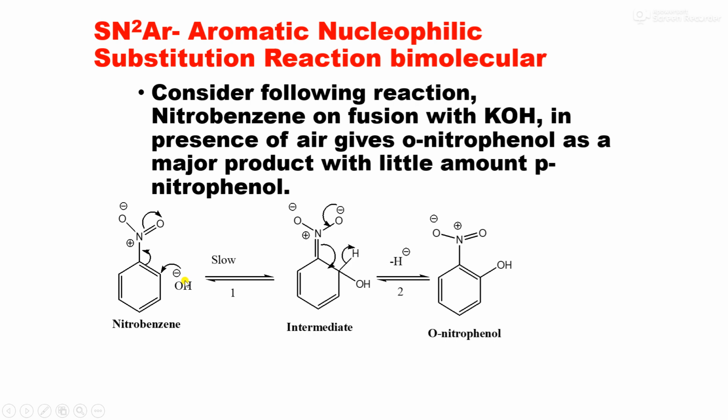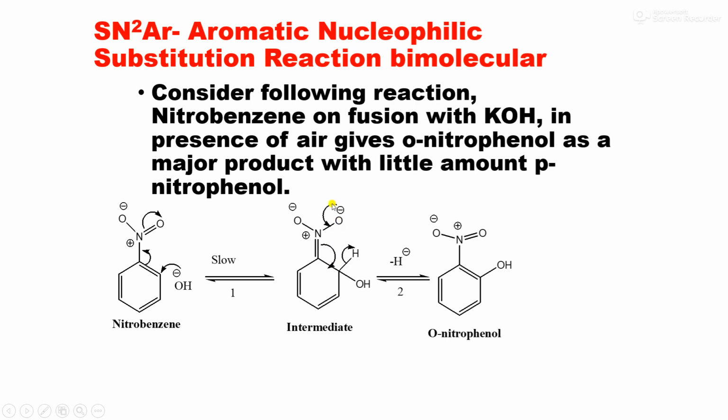So this attack of OH minus nucleophile occurs very slowly. This is a slow step, and once OH minus attacks this ortho position, the oxygen atom acquires negative charge, but this is not a stable one.